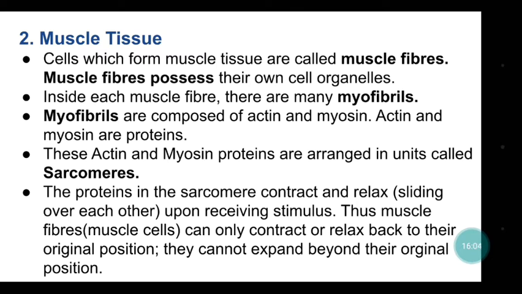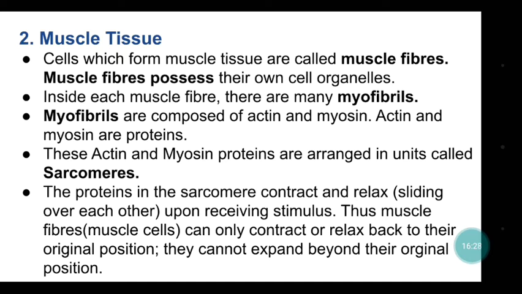Now these actin and myosin proteins are arranged in units, and these units are called sarcomeres. The proteins in the sarcomere contract and relax, that is, they will slide over each other upon receiving any stimulus.